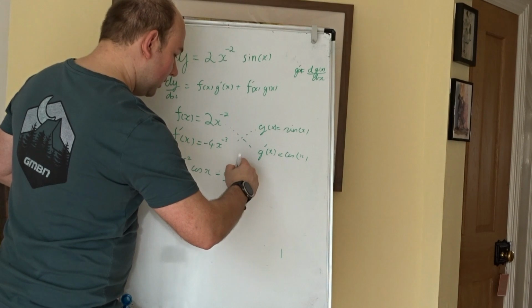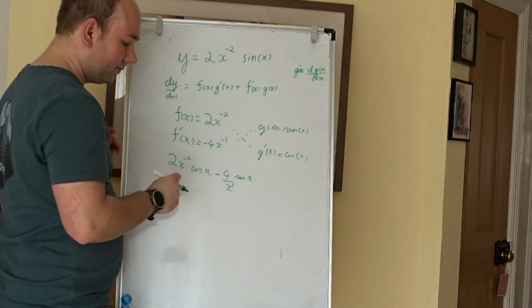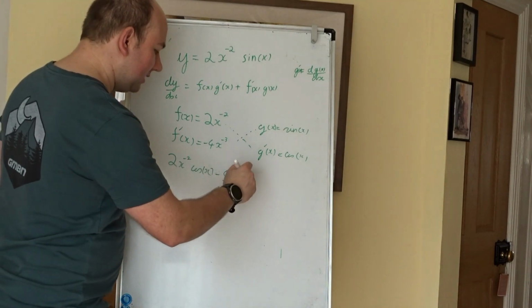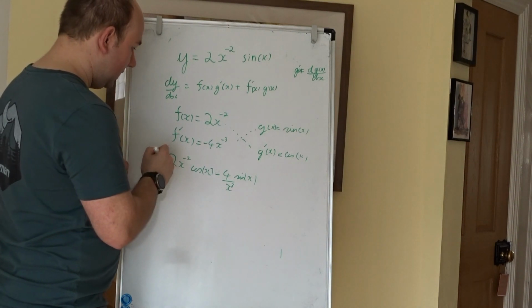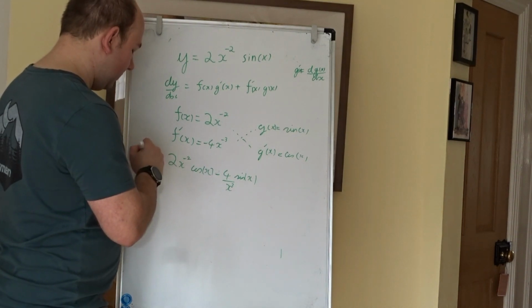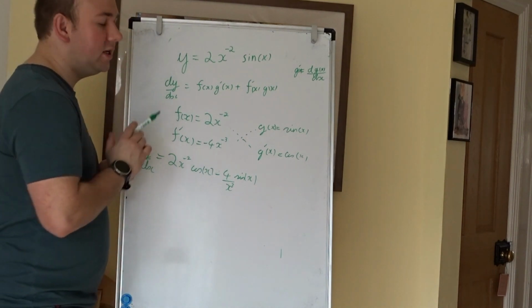And then that's going to go to sine of x. So I'm just going to put brackets around the x just to show that they're part of the sine and cosine. But this is equal to dy by dx. So that's the way that you use the product rule.